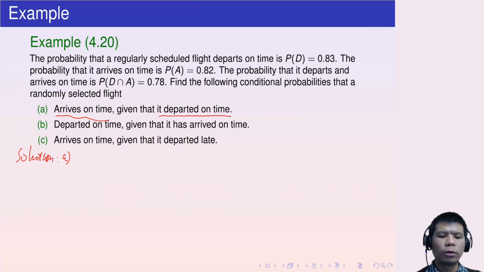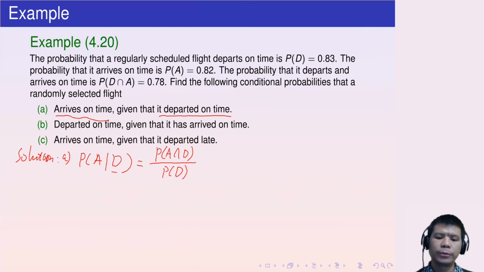So therefore, the event of interest is arrives on time, and the event that serves as a condition is it departed on time. So probability of A given D. Now this one equals the intersection A intersect D over the probability of the event that serves as a condition, that's departed on time.